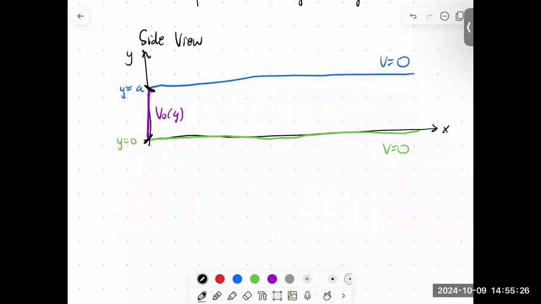From this kind of picture, we expect that the potential will change along x, because as we move further away from this charged strip, the potential will change. In fact, we would expect that at x equals infinity, the potential would be 0.